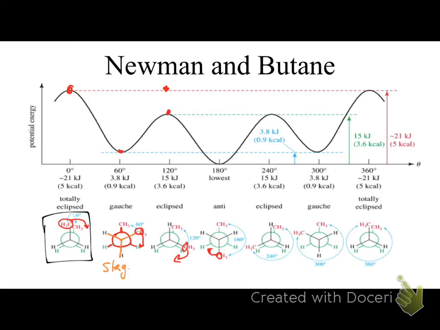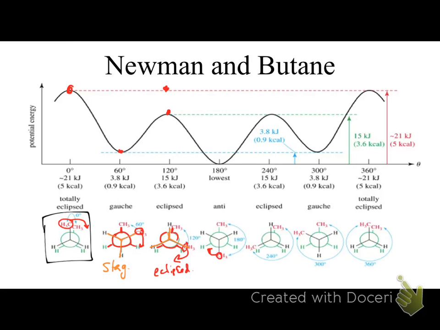When we move to the eclipsed conformation, which ones did I do? I did orange in front, versus our red. Are we in eclipsed or staggered? Eclipsed. Which means, which one should be higher in energy? Our eclipsed.